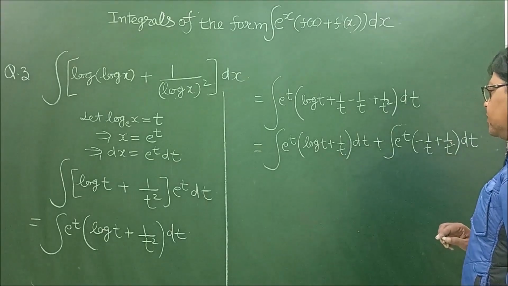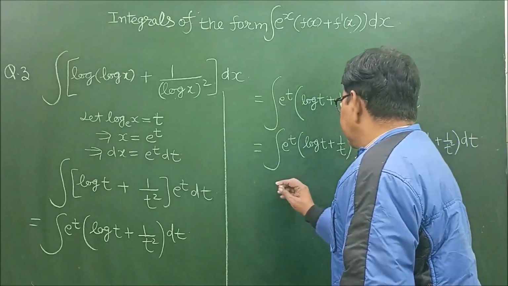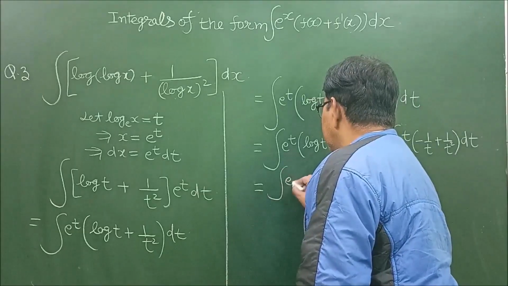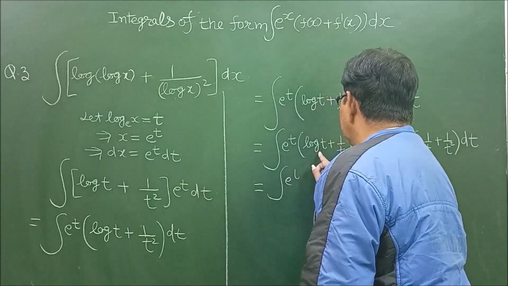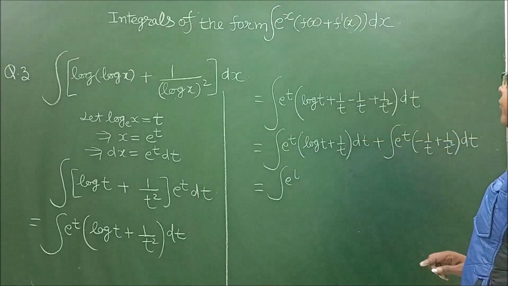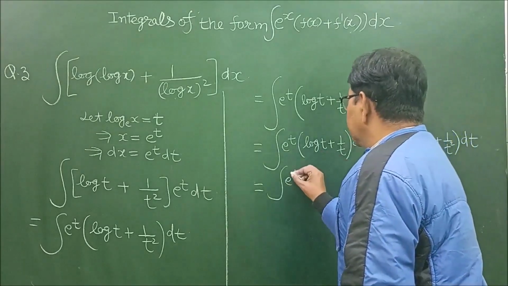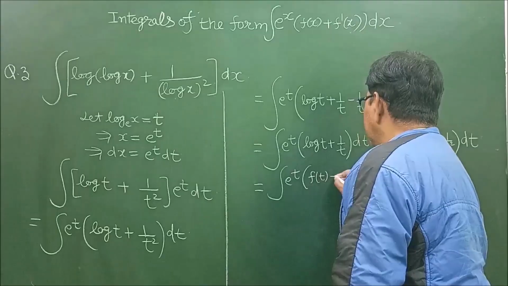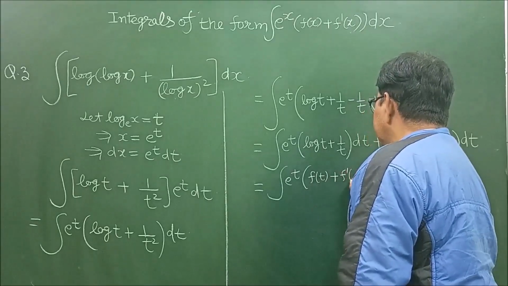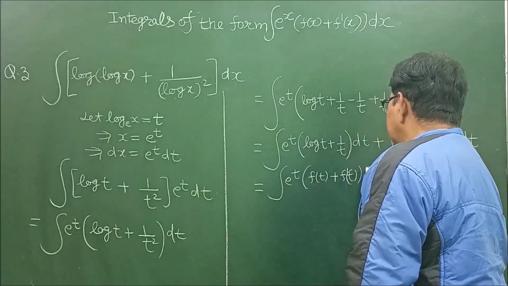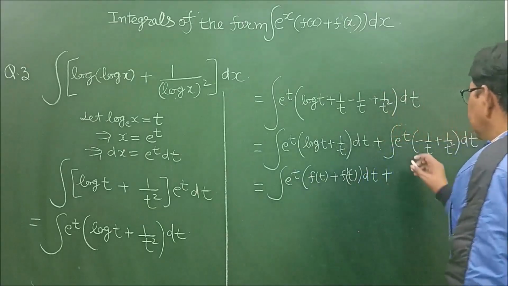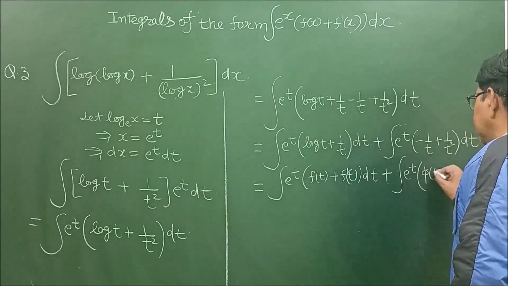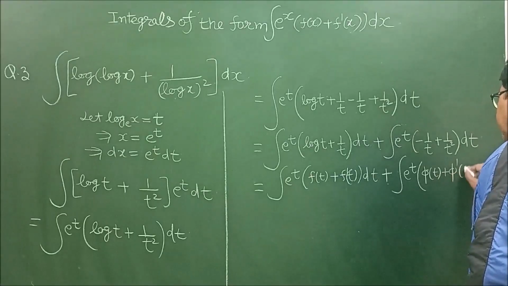So let us write this integral as integral of e^t, and let this is equal to some function of t, e^t, some function that is f(t) plus its derivative dt, and this as here is e^t again some function phi(t) and its derivative phi'(t).